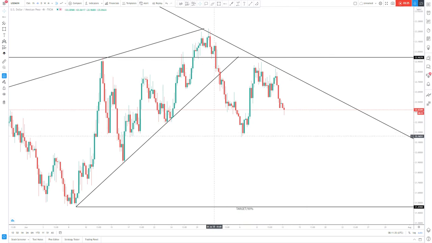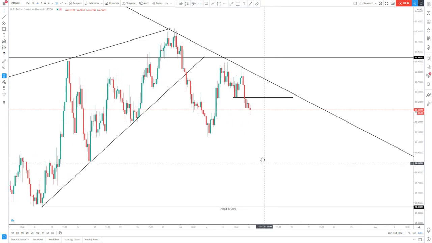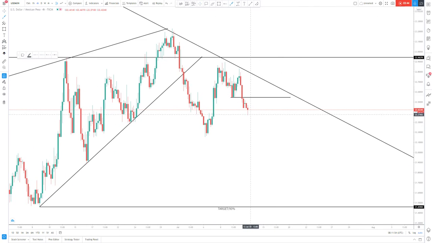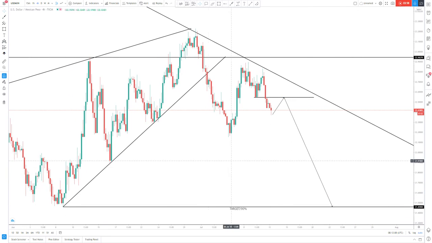So what I expect price to do is come back for a retest at this neckline before it projects downward further, like a retest back to this level, before it projects downward further. So this is what I expect: retest, then price just dips back down further to the downside.